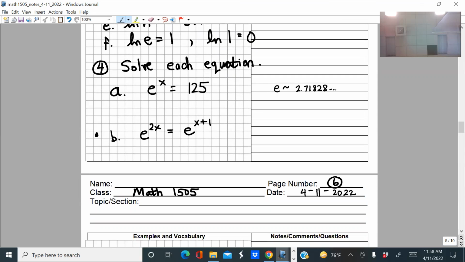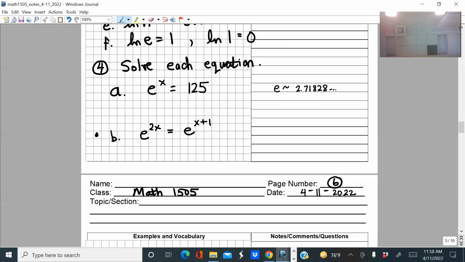We're going to use them just like we did inverse trig functions to help us solve equations. That's also going to be our primary application of logarithmic functions, in particular the natural log function.